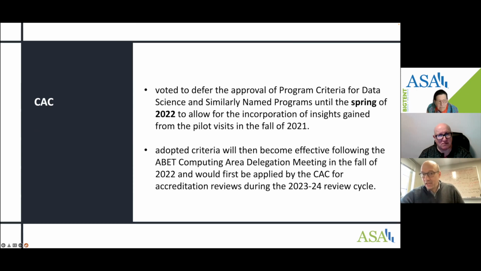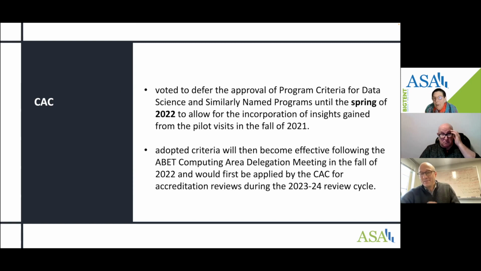At the moment, however, there are some pilot programs that are being accredited. And in fact, a couple of ASA members have been trained as ABET accreditors. Mine Çetinkaya-Rundel and Ben Baumer, I believe, are the two statisticians who are now serving as accreditors, and even Dave, have done this. Just to clarify, that's program evaluators.